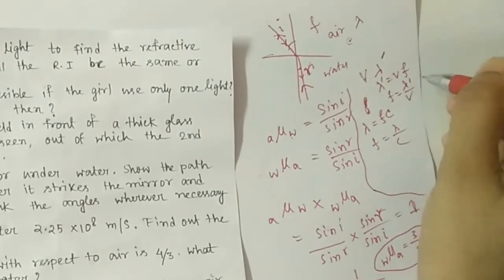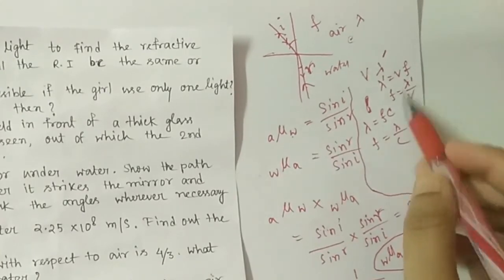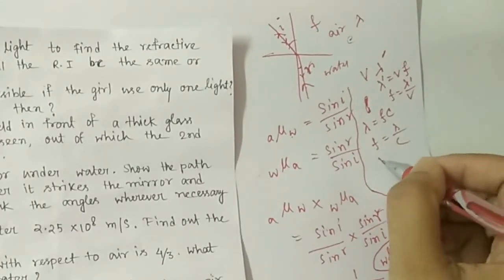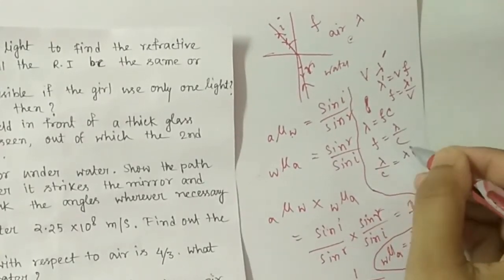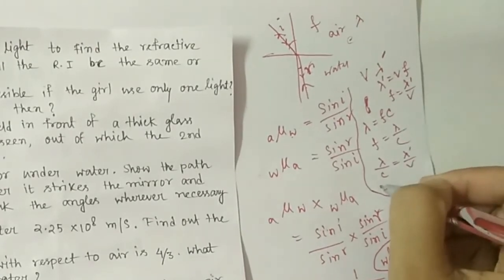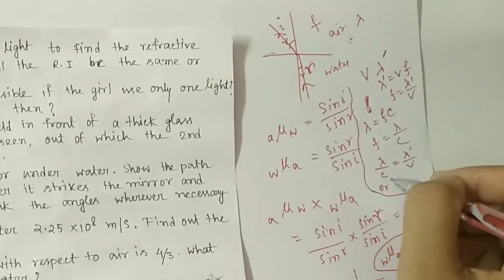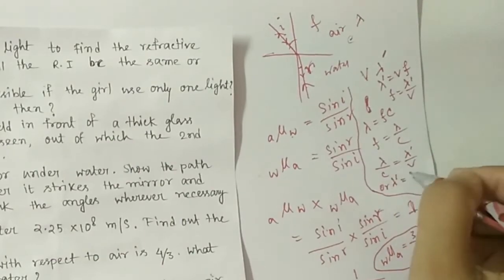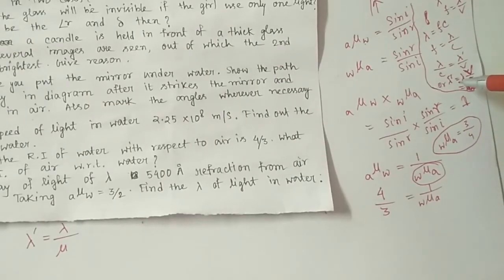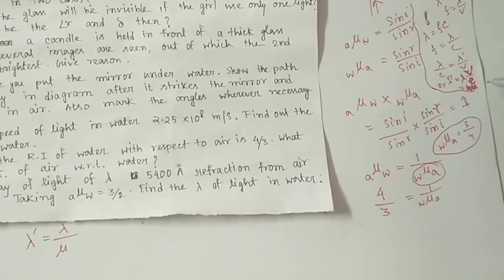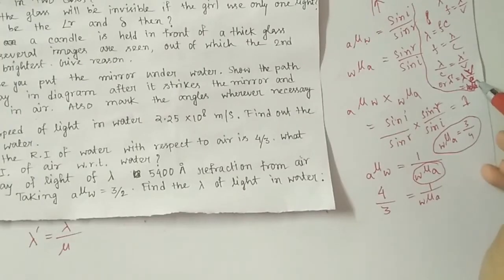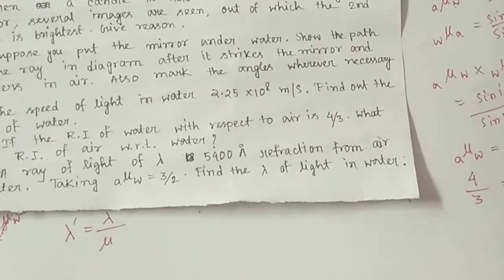So finally f is the same for all, and we can write that c by lambda is equal to v by lambda dash. And if we just rearrange it, we find that lambda dash is equal to lambda into v by c. So finally lambda dash is equal to lambda by mu, as you all know that c by v is equal to mu.